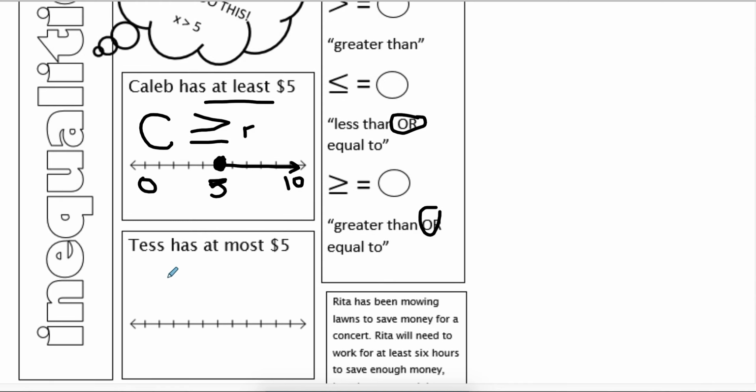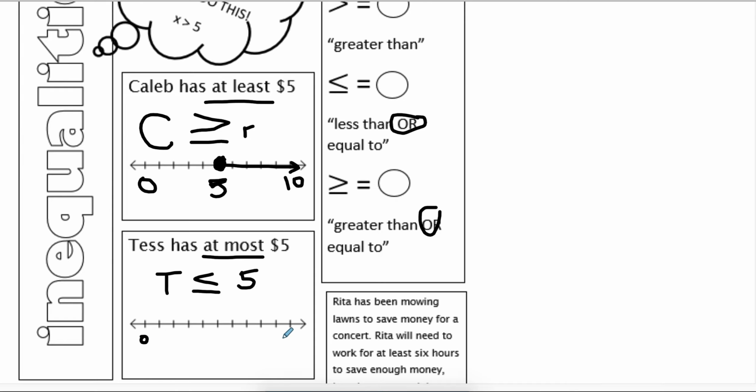Let's try it with Tess. Let's use T for Tess. Tess has at most, again a key phrase there, at most. At most means that she can't have more than $5, but she could have $5. That's the most that she could have. So that means that Tess has less than or equal to $5.